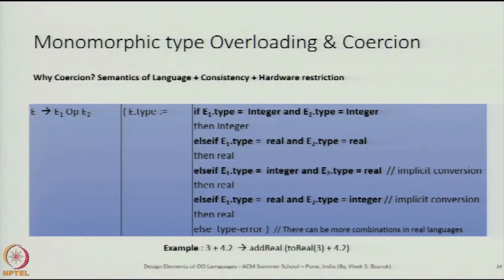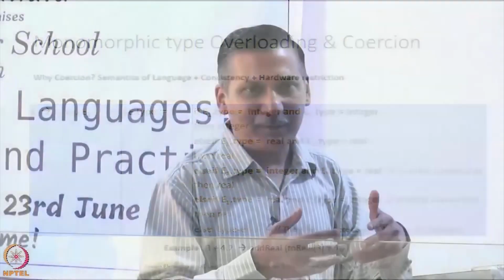This kind of rules is what a person writing a compiler writes down when writing a type checker for a language. Most languages have some formal semantics, operational semantics defined, but otherwise he writes down these rules and then implements the type checker.